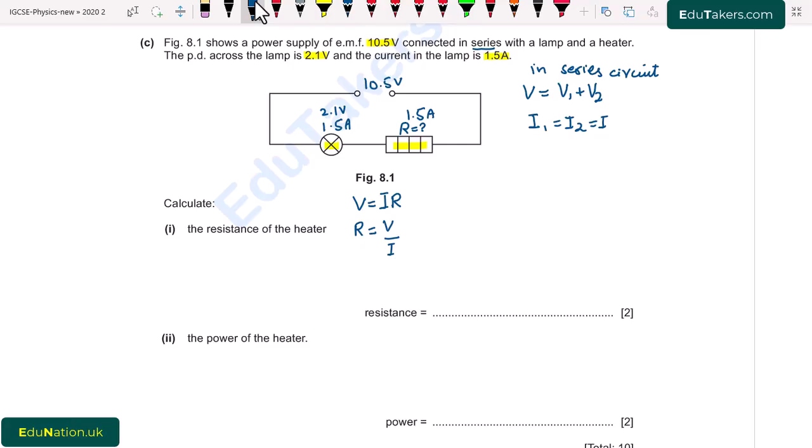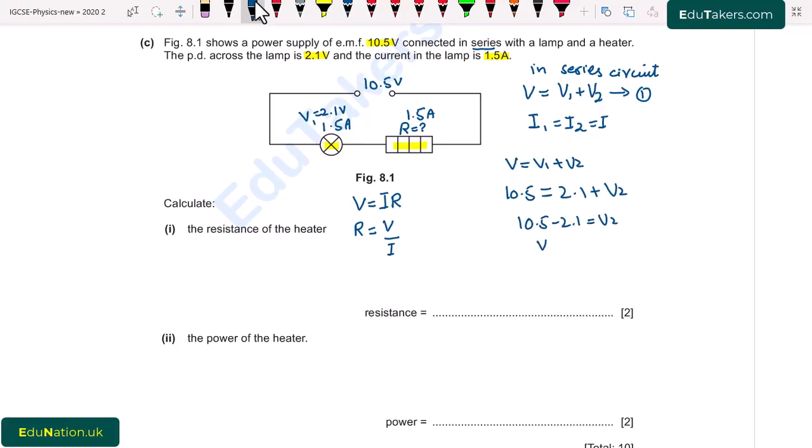And we have to find the potential difference in this heater. I again use the formula V is equal to V1 plus V2. Here V is the potential difference of the power supply. Here V is 10.5, and let's suppose V1 is equal to 2.1, that is the potential difference of the lamp, plus V2.